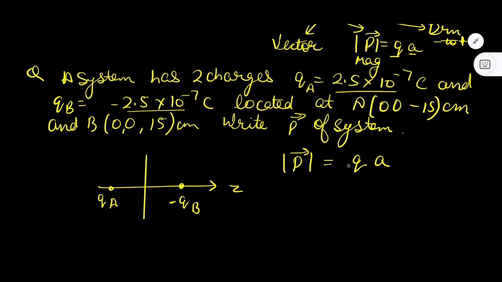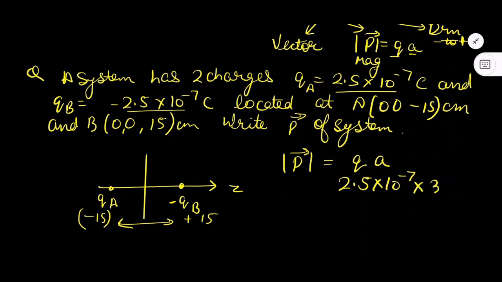The charge is equal for both, so we can take 2.5 into 10 raised to power minus 7 into a. Now what is a? This is minus 15 and this is plus 15. So the total distance between them will be 15 minus minus 15, so it will be plus 30 centimeters.